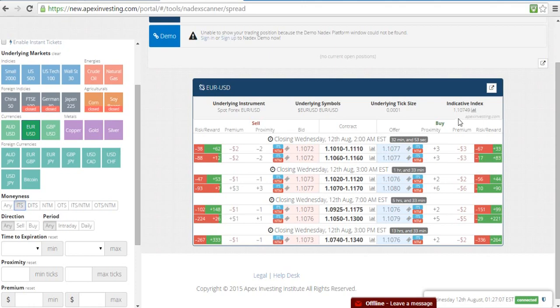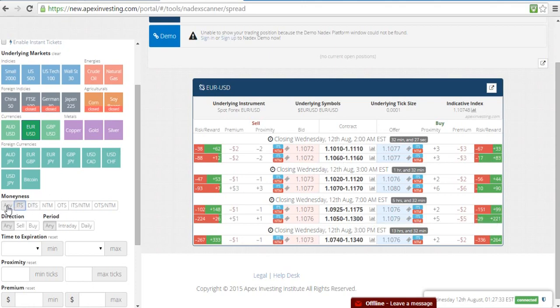You notice 1074 is in between all of these. This is 1010 to 1110, so 1074 is in between there. 1060 to 1160, 1074 is in between there. So the current indicative is in between the floor and ceiling of these particular spreads.